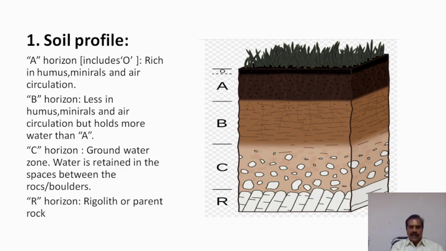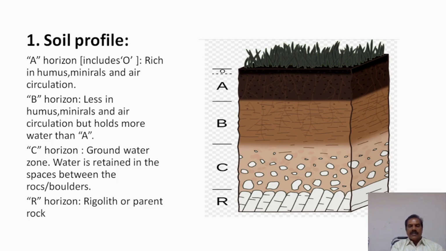Then coming to the B horizon. The characteristic color of the B horizon is light brown. It is poor in humus content but high in water content than that of the overlying horizon, the A. Then coming to the C horizon, which is laid just below the B horizon, it is full of rocks.